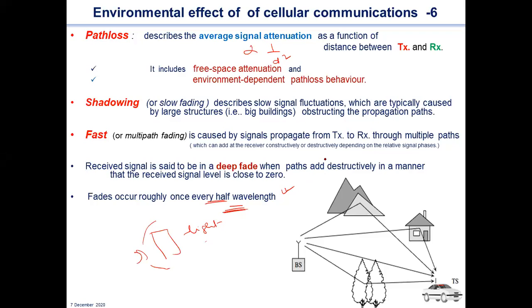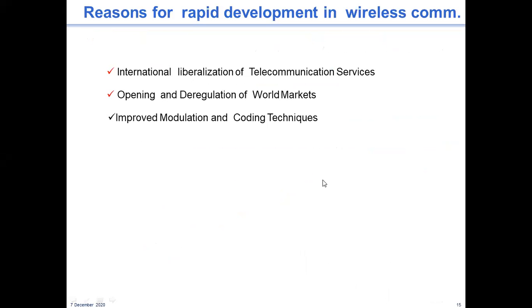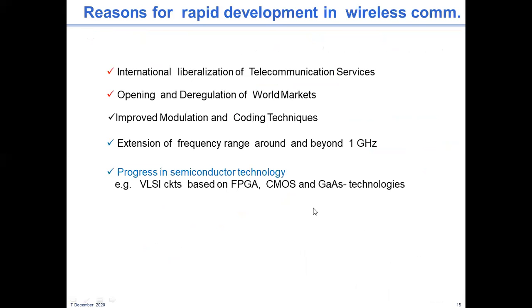So this is what I have very briefly discussed about the communication system challenges and associated problems. Now we can see what are the main reasons for the rapid growth or development of wireless mobile communication. These are very important reasons.